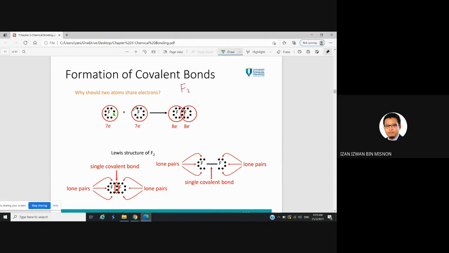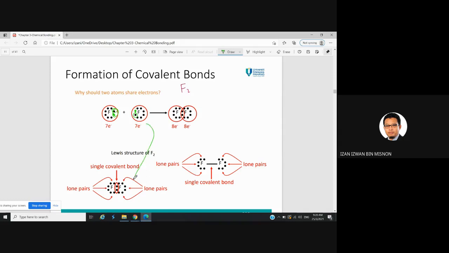Right, this is the target or requirement. How it can happen is by combining 1 electron from each fluorine and forming a single bond between the fluorines, completing the octet.